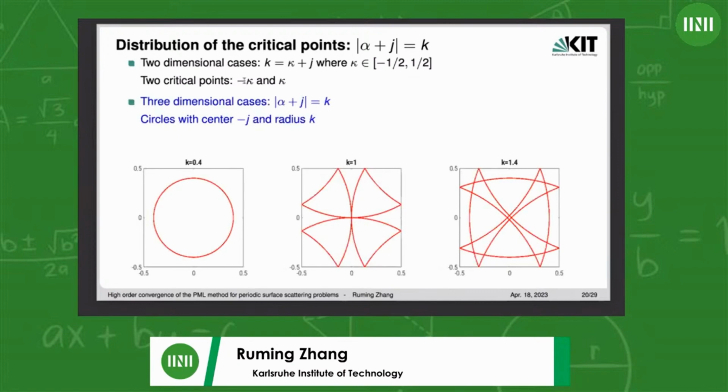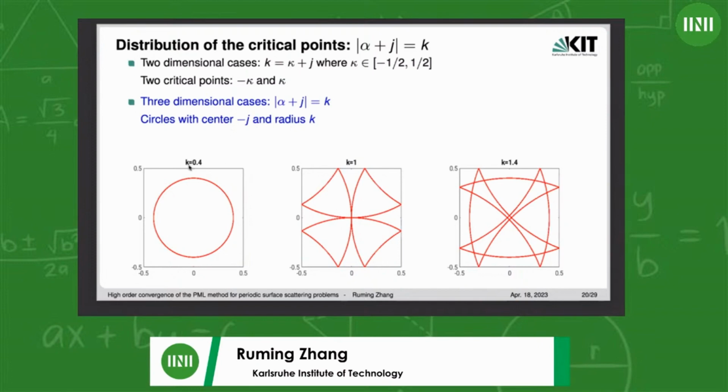But let's see what happens in 3D. For 3D, we have the norm of alpha plus G equal to k, so you can see that all these alpha are located on circles with center minus G and radius k. Here are some examples in 3D.